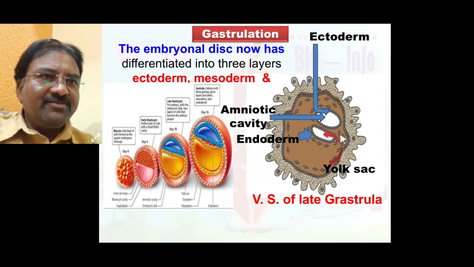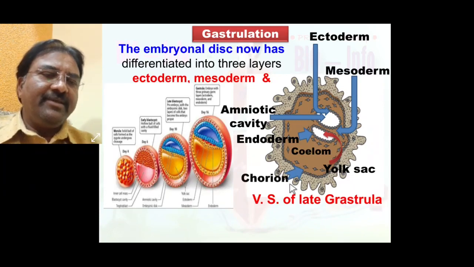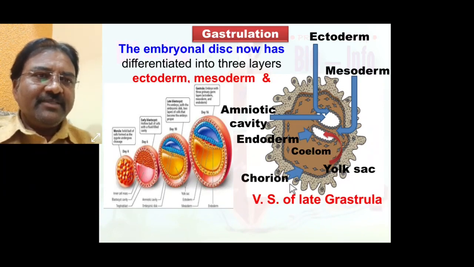In between these two layers, mesoderm is seen, and in the mesoderm is a cavity known as the coelom, with the covering membrane called the chorion. So here we labeled different parts of the VS of late gastrula, and how the gastrula forms from the blastocyst.